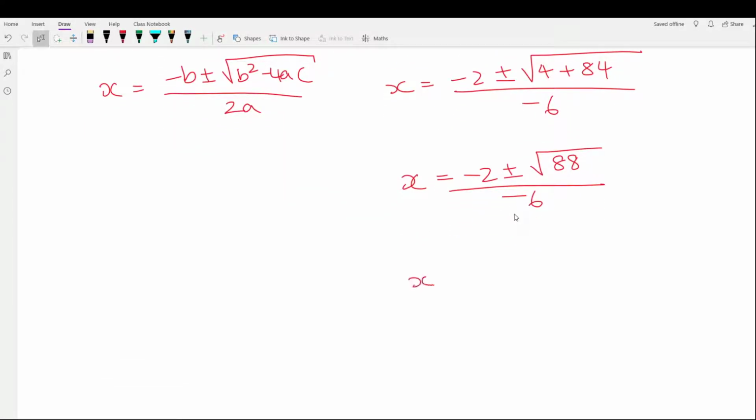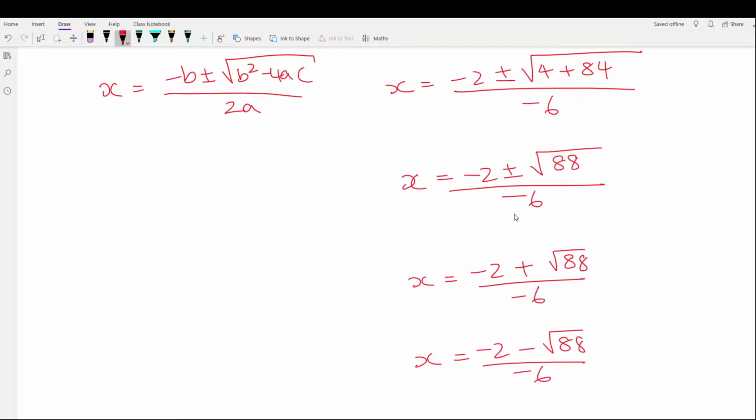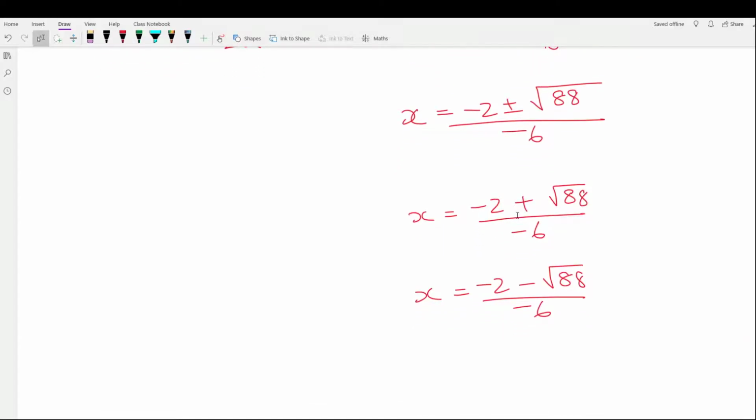And our final answer would be x equals minus 2 plus root 88 over minus 6, and x is equal to minus 2 minus root 88 over minus 6. Okay. Now you can simplify this to make it look a little bit neater if you want.